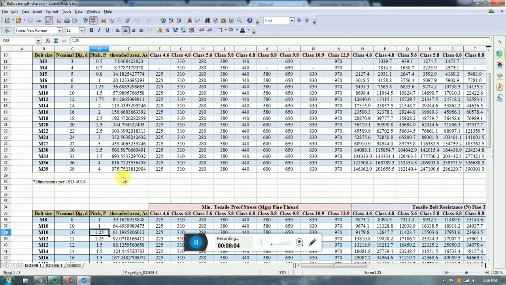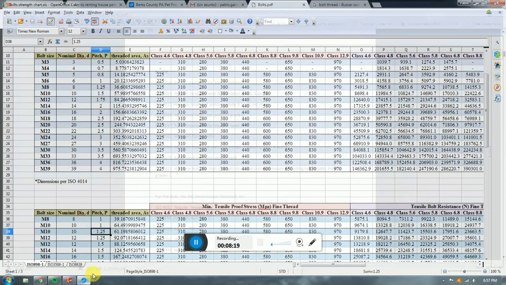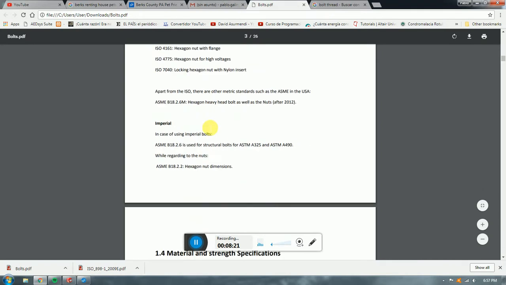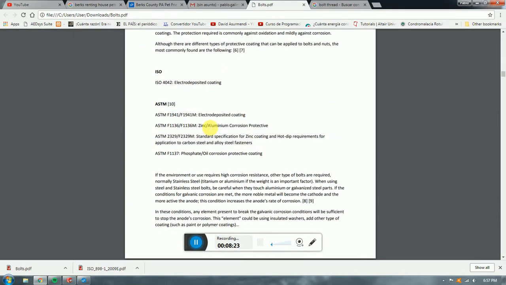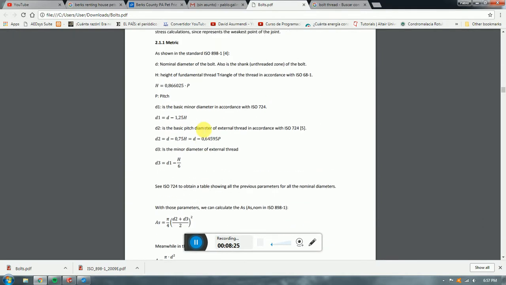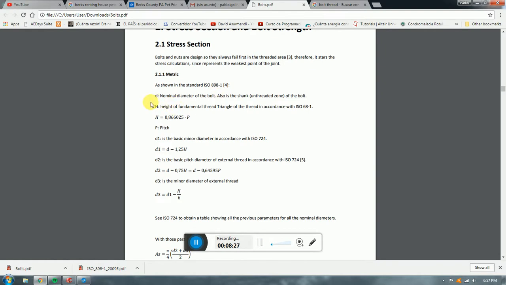And that means that it's going to have more threads per length of the bolt, okay? And that is going to increase, as we will see later, the surface, okay? So as we said, everything is based on the pitch and the nominal diameter, okay?